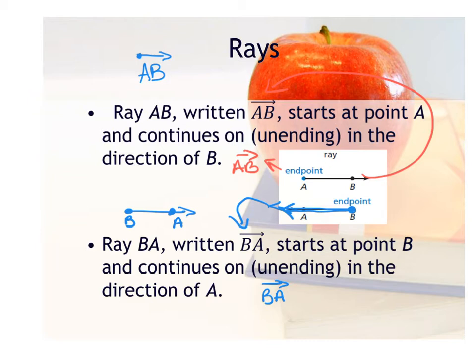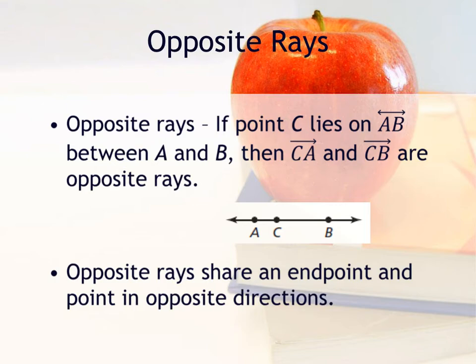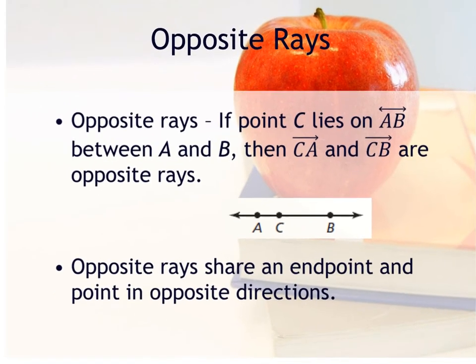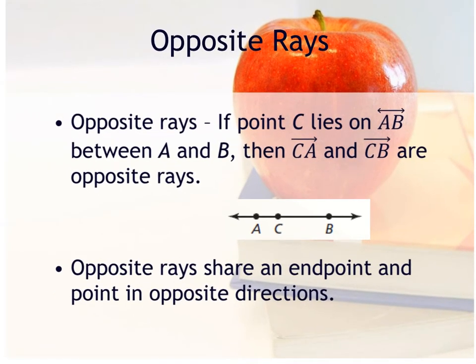Okay. Now we're going to talk about opposite rays. For opposite rays, if point C, which is here, lies on line AB between A and B, then from CA, this ray, and then from C to B, this ray, are called opposite rays.